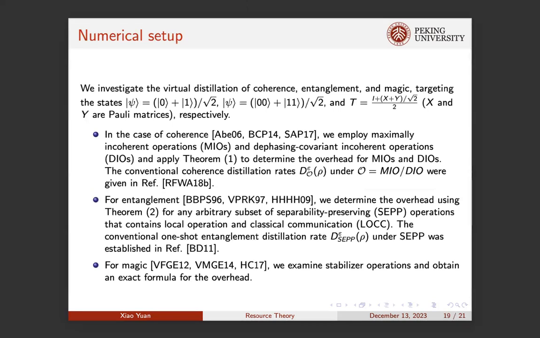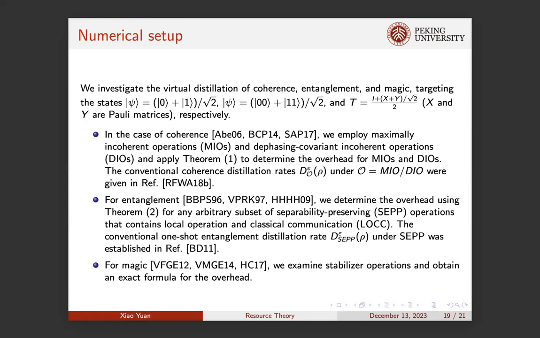So these are the analytical results we have, and here we want to show that virtual distillation can indeed help. It is much better than the conventional resource distillation. Here we consider 3 resource frameworks: coherence, entanglement, and magic. The target states are the maximum coherence state, the EPR pair, and the magic state.